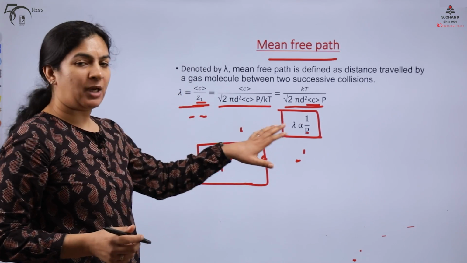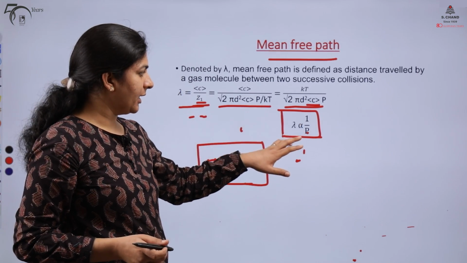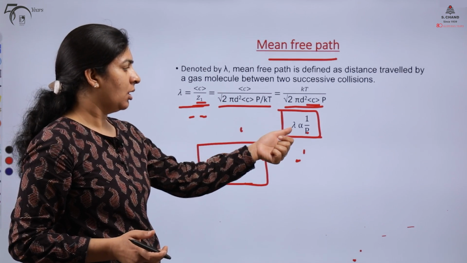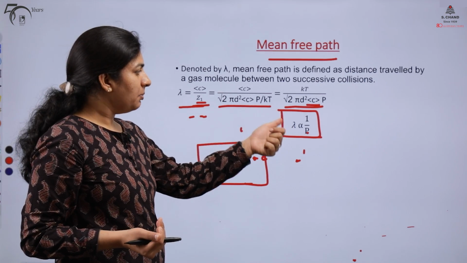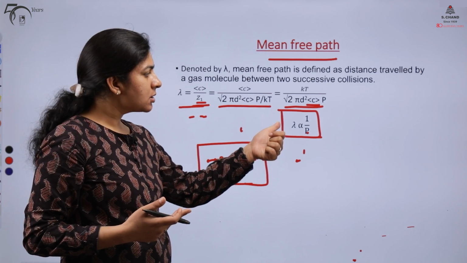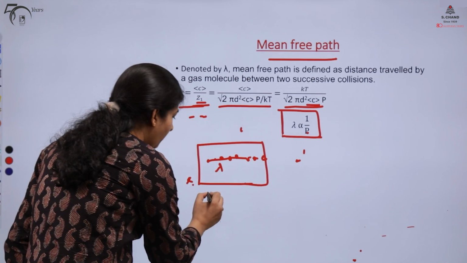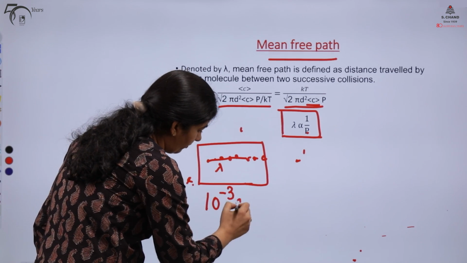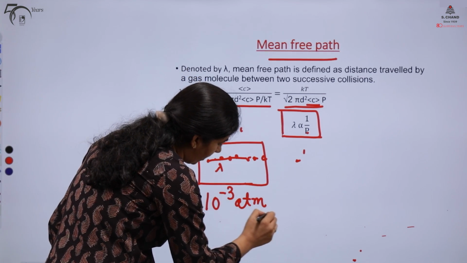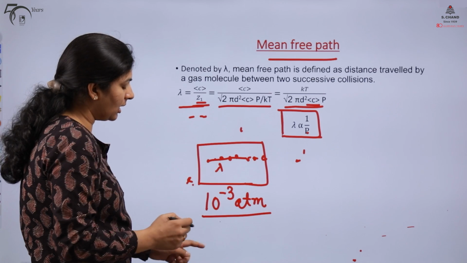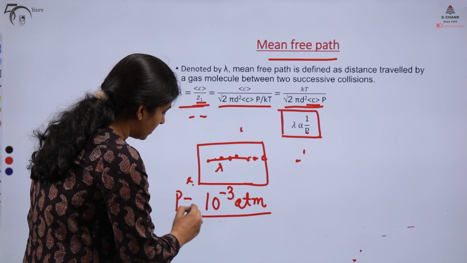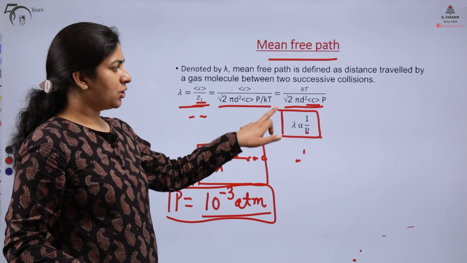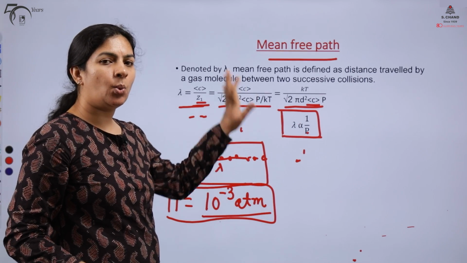At a pressure of, let us say, 1 atm, which is considered a significant pressure compared to a vacuum, the mean free path is very small. But for a good vacuum, the pressure is about 10 raised to the power minus 3 atm, approximately this much. At such a low pressure, the mean free path is very high.